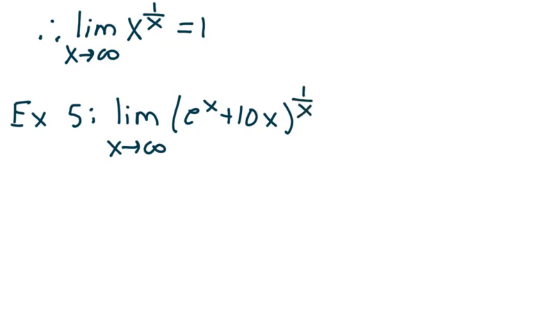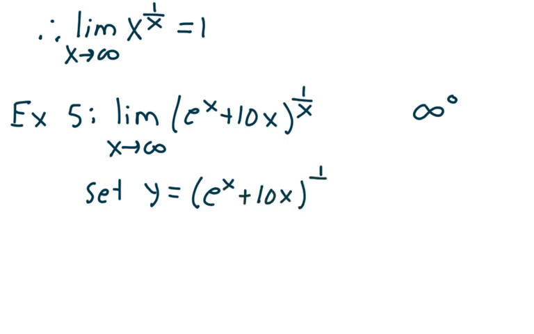Now, this limit has indeterminate form of type infinity to the 0. So I don't want that. And I want to put myself in a position to use L'Hopital's rule. So I'm going to set y equal to e to the x plus 10x to the 1 over x, like so. I'm going to take the natural log of both sides.